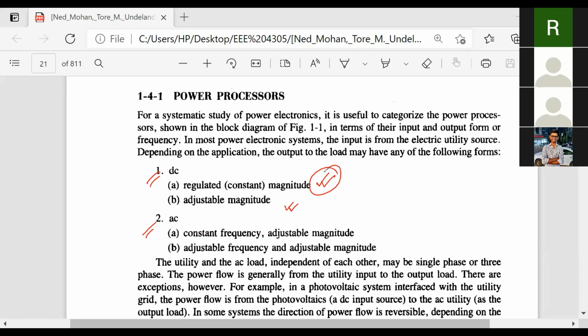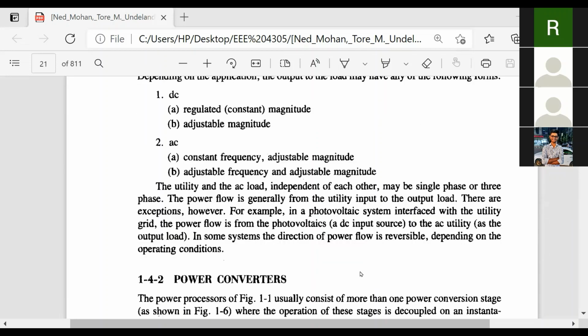But if you want an adjustable magnitude, you can have some other things. You can make AC to DC and then DC to all these things. So you can just have a look, but this is not very important for your course or your exam.